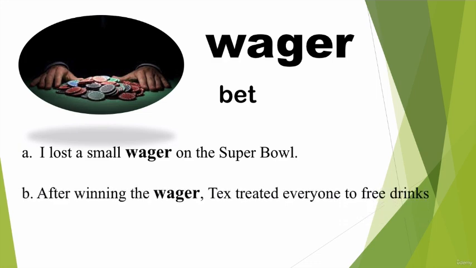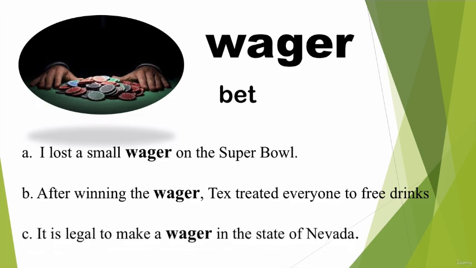After winning the wager, Tex treated everyone to free drinks. He invited everyone to free drinks. And the last example says, it is legal to make a wager in the state of Nevada. Yes. So we usually use wager with make. Make a wager, which means to bet.